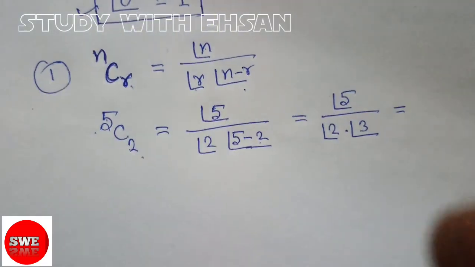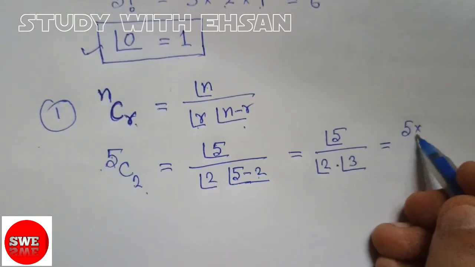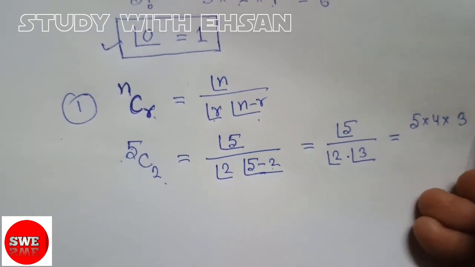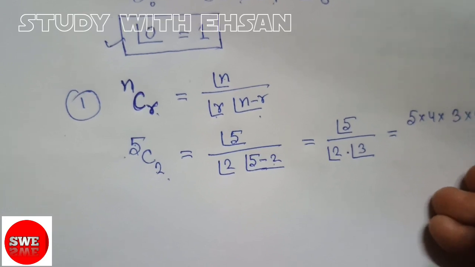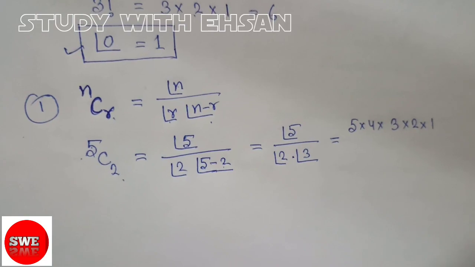Okay, now factorial 5 will be what? Factorial 5 will be 5 into 4 into 3 into 2 into 1. Since it is the first time, let me write up to the last: 5, 4, 3, 2, 1.